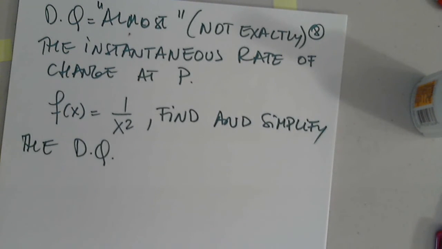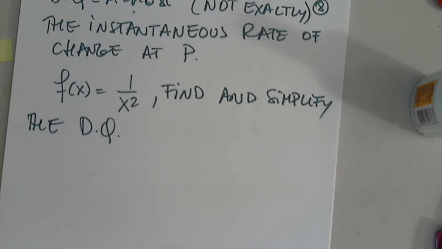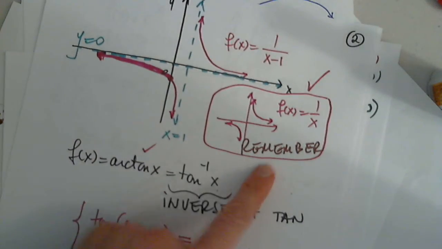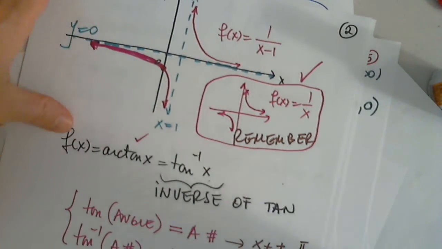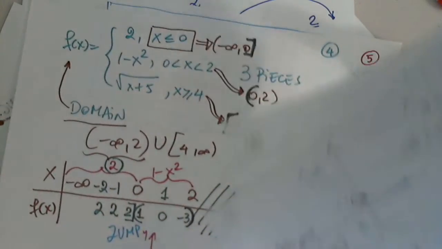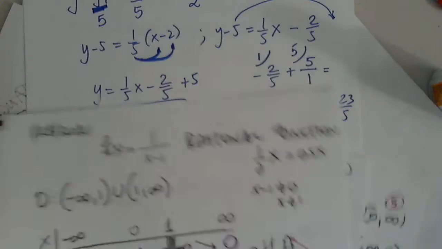We're not going back. We need to remember the difference quotient by heart. Like everything else I said, whatever I say, remember, we have to remember all those. Also, the piecewise defined function.